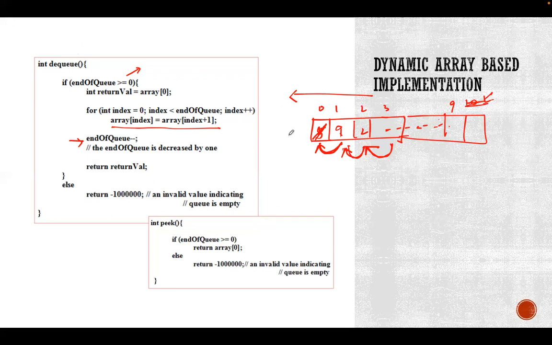DQ means we are deleting the value from the front of the array, with index 0, but we have to shift all of the items. And this shifting means it's order of n runtime. If the number of items in the array is n, it is going to need n operations. So the runtime is order of n.